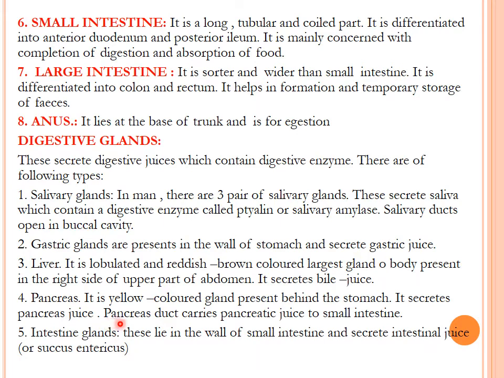It secretes pancreatic juice, and the pancreas has a duct that carries the pancreatic juice into the small intestine. Now next are the intestinal glands. Intestinal glands lie in the wall of the small intestine and secrete intestinal juice or succus entericus, and all these juices play a very important role in the digestion of food which is in a complex form.